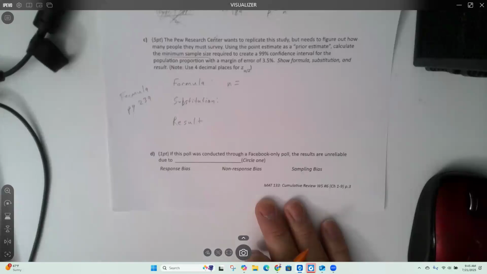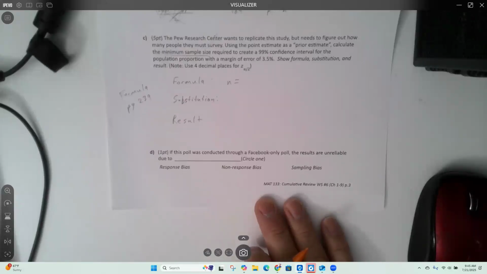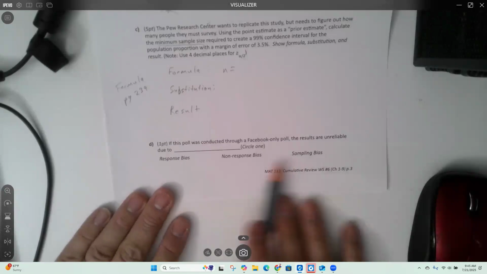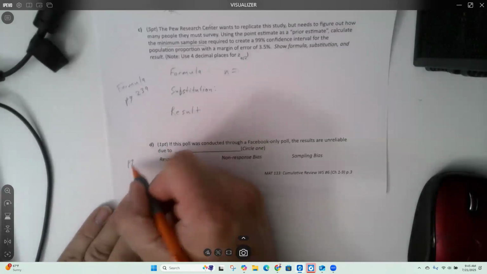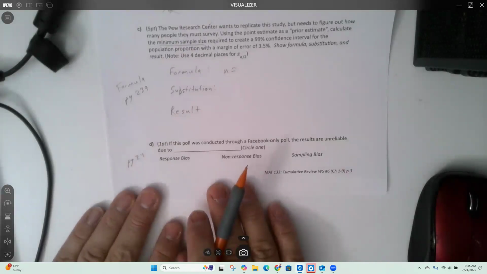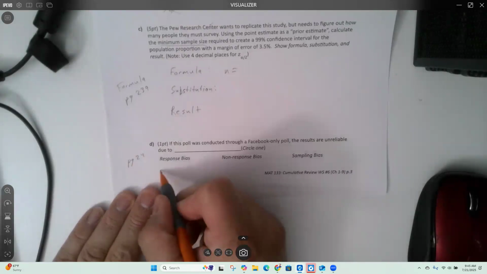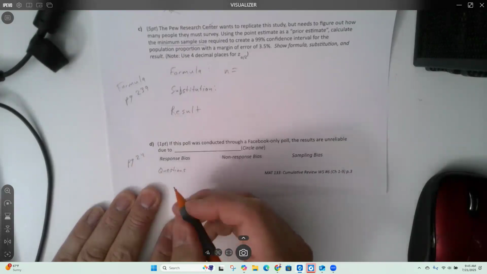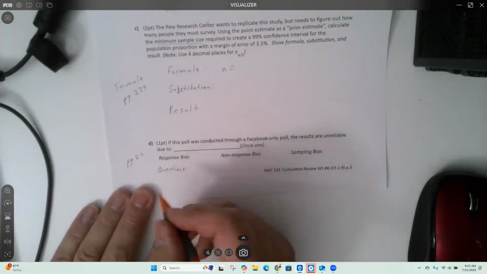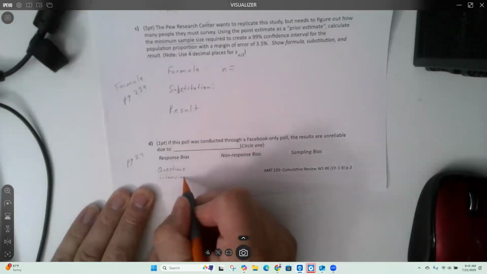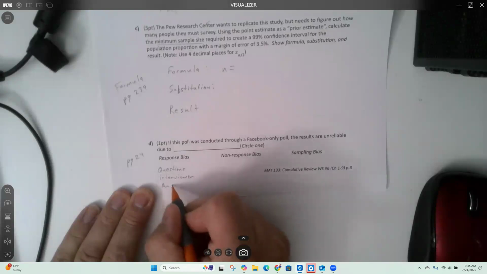If this poll was conducted through a Facebook-only poll, the results are unreliable due to which? We talked about these in chapter 1, page 24. Response bias is where the interviewer influences how questions are answered.